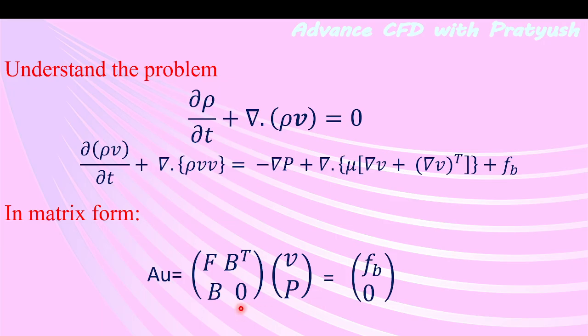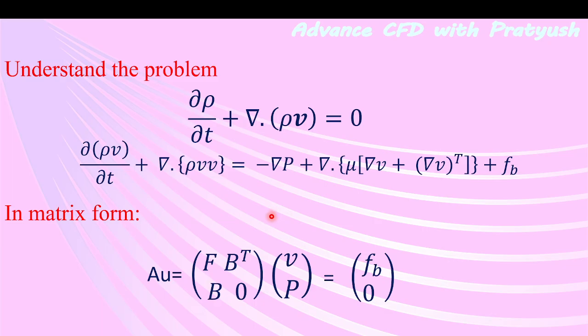So this is just a simplification where you can understand the problem in matrix form. If you multiply B into V, some component of the V is there, and the right side is equal to 0. Similarly, if we multiply F into the V and B transpose into the P, we are going to get the momentum equation.